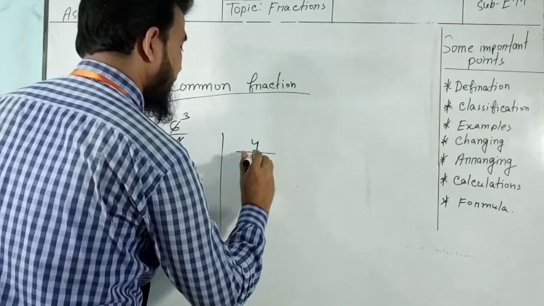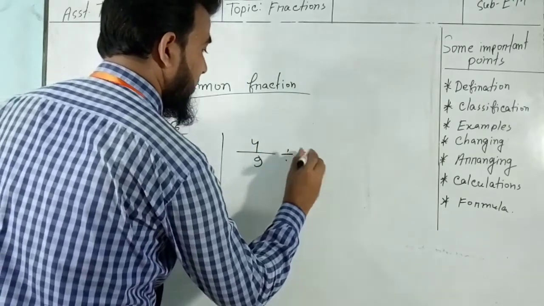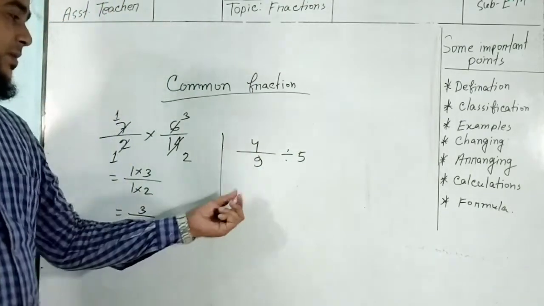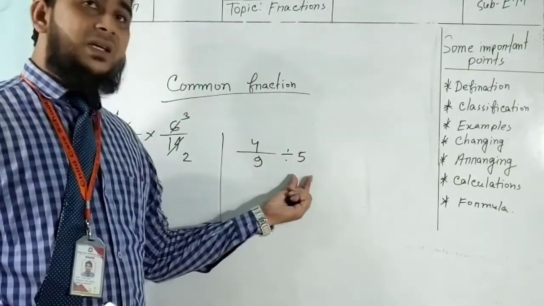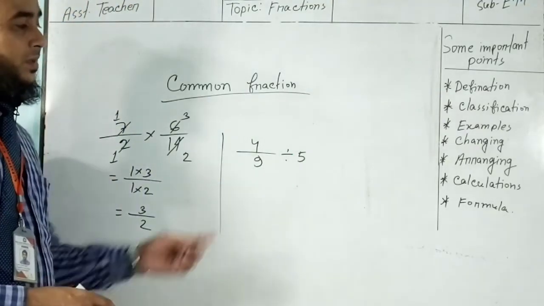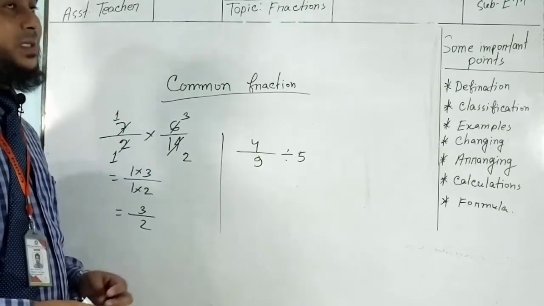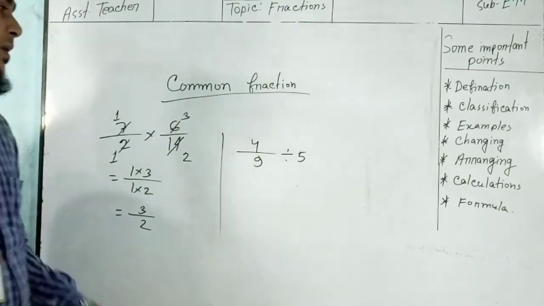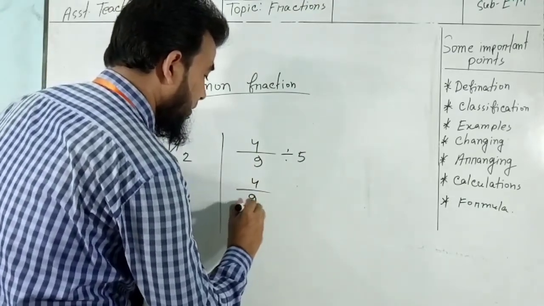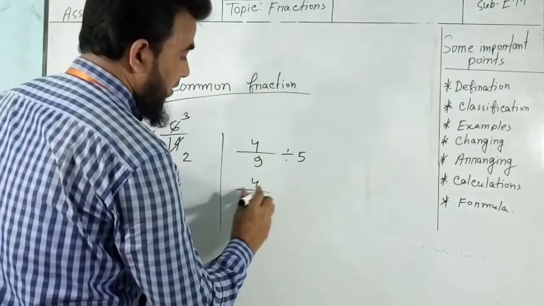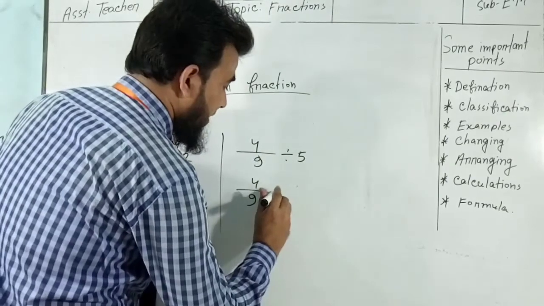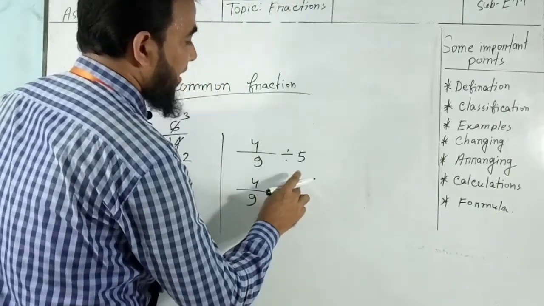Now we can do another calculation. Suppose 4 by 9 divided by 5. You know that this is a proper fraction and this is an integer. And you know that dividing a fraction by an integer is especially called multiplying it by the reciprocal of this integer.